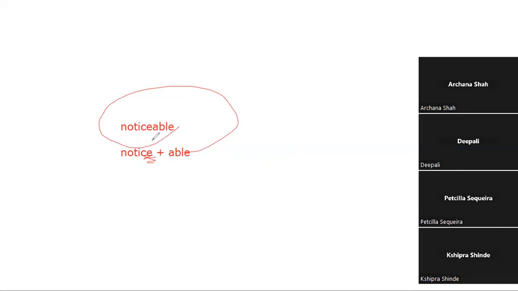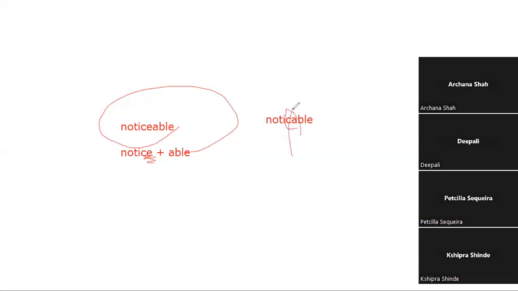Because if you remove this E, then the soft C effect will go away and the word will become notic-able with a K sound. But it's not a K sound, it's a soft C sound. That is why we cannot remove E. If you drop this E and add able, then it won't be able to give the soft C with CA.